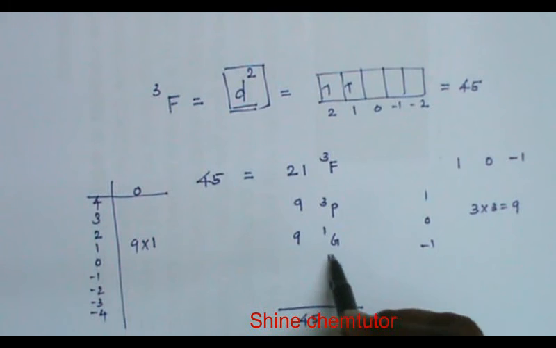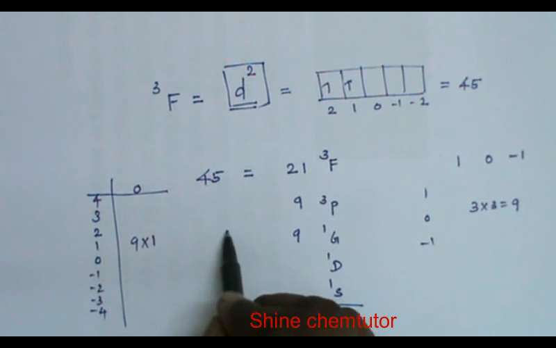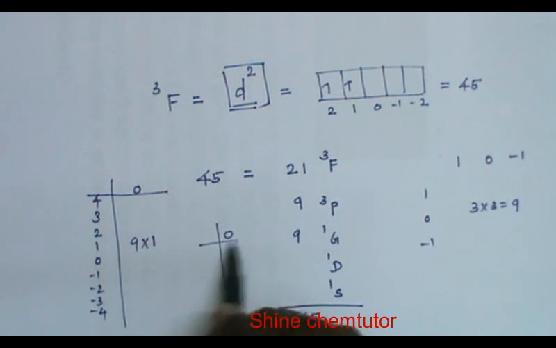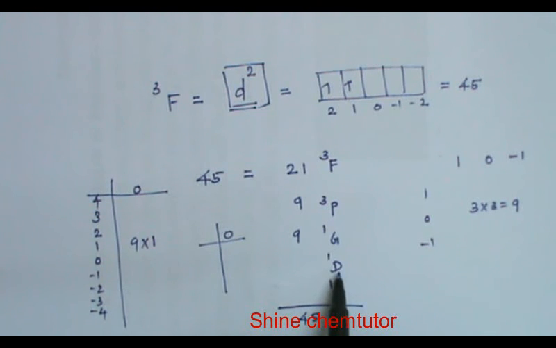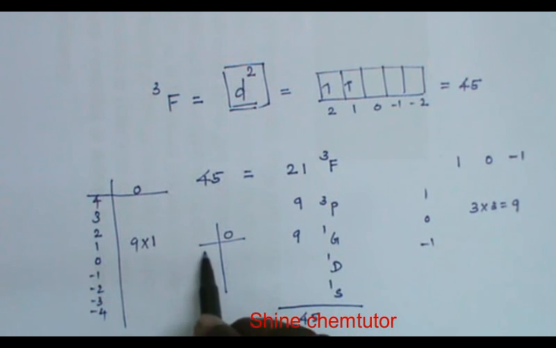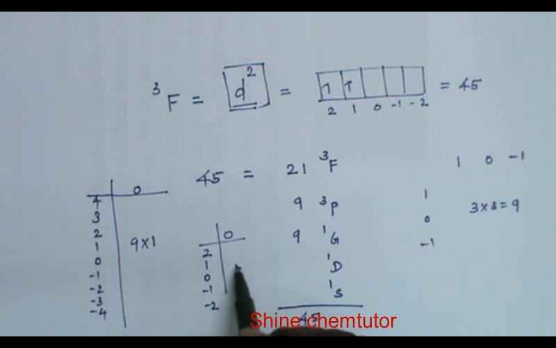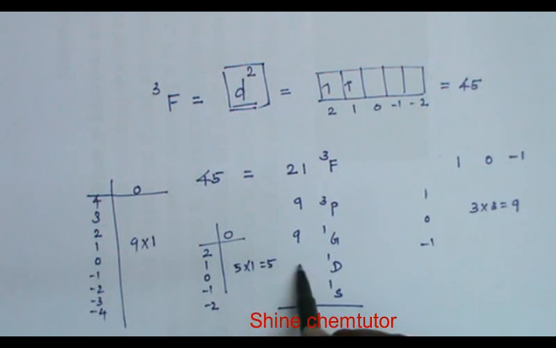Similarly, for D, I will get only 0 spin. Since it is D term, it should be 5: 2, 1, 0, minus 1, minus 2. So 5 into 1, I will get 5 such terms. For S, I will get only 1. You can try to calculate.